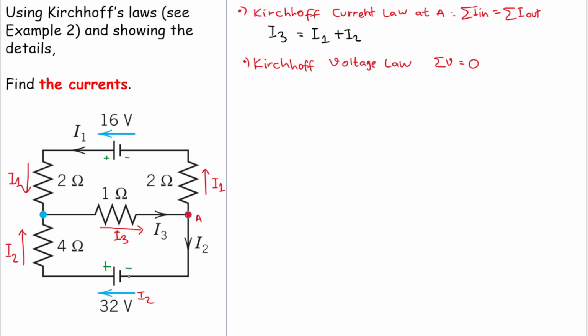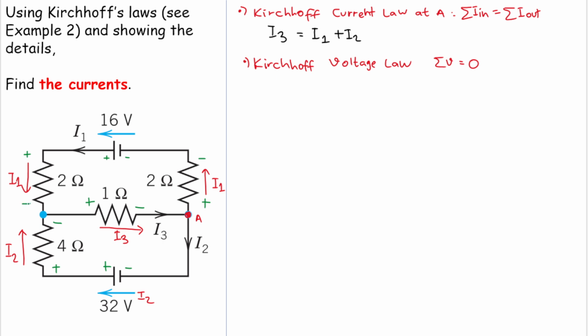Now for the resistor, where the current comes from is the positive terminal, and where the current goes to is the negative terminal. Do that for all the resistors. Here I will have it also like that. So this one will be plus, and this one will be minus.